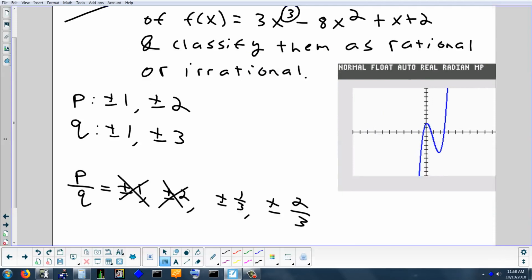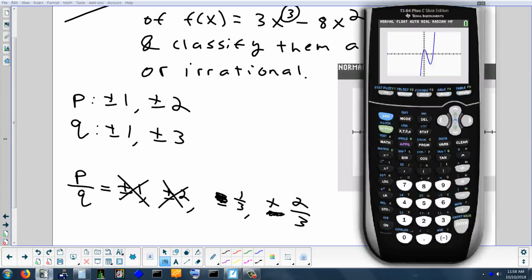No. Plus a third? No. How about minus a third? Could be. So I'm just going to get rid of the plus. Could be minus a third. Could it be minus 2/3? No, I don't think the minus is going to work. Could it be plus 2/3? Yes. Could be. So the only candidates we have left are minus a third and plus 2/3.